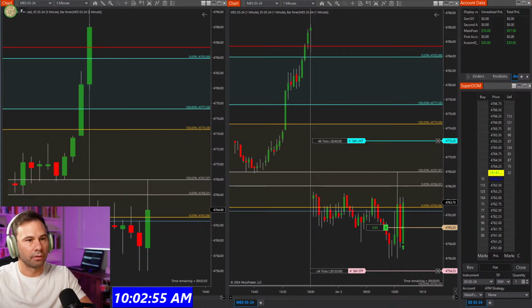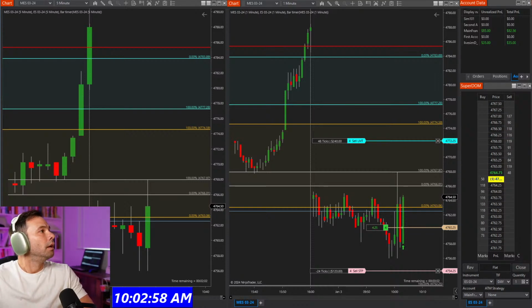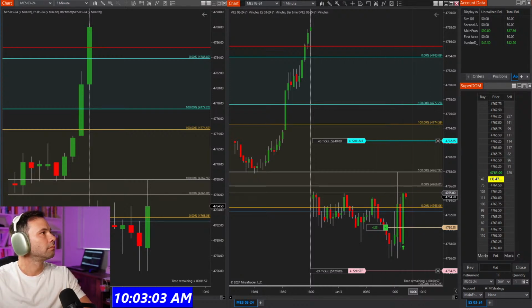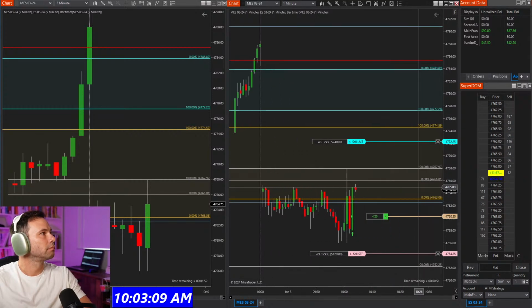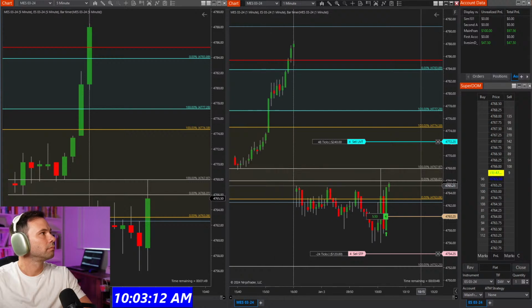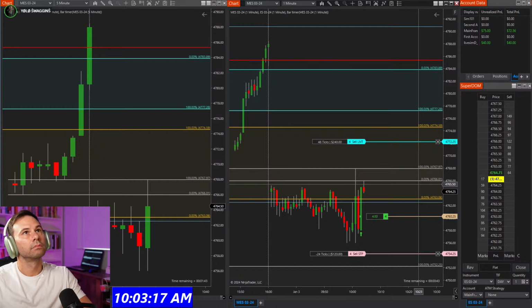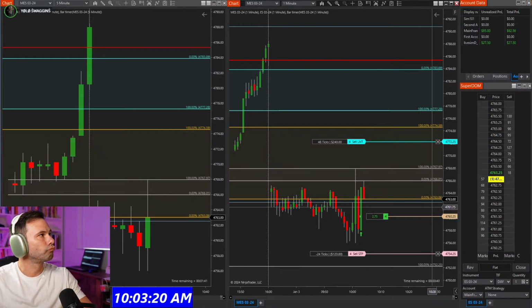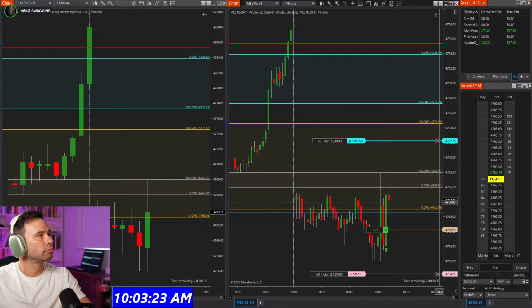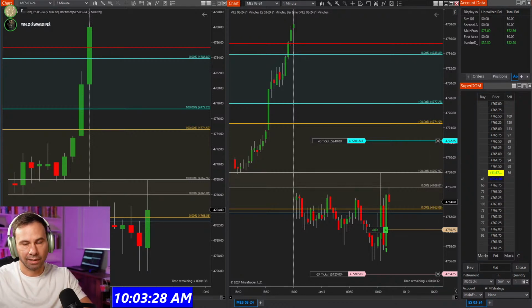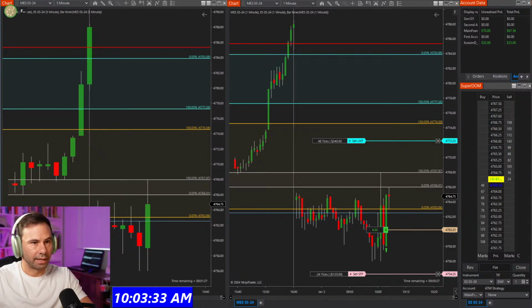See if we can break 65. Naz is trying to hold for you. If it breaks through 40 here, it should take you up. Tick is positive, but I feel like I might get a break even here.